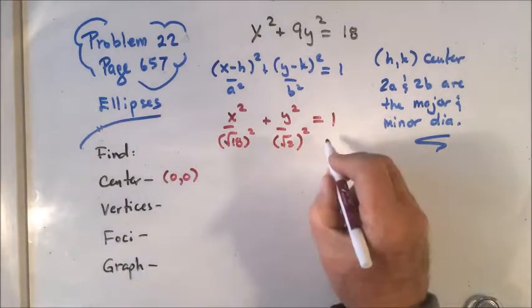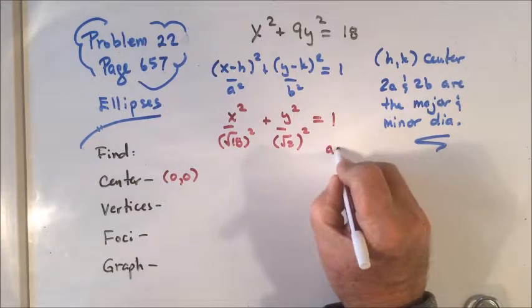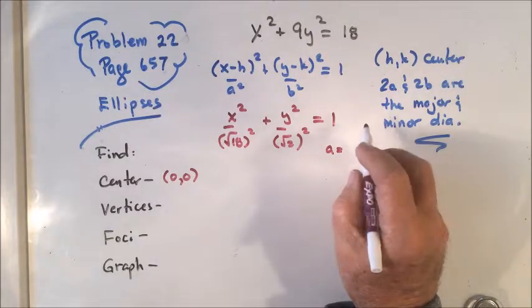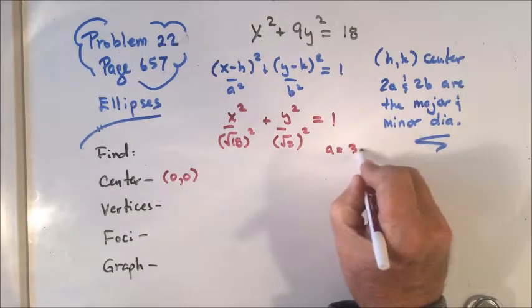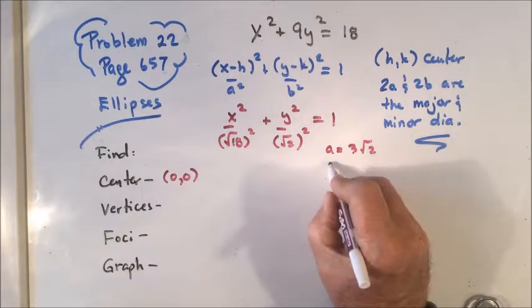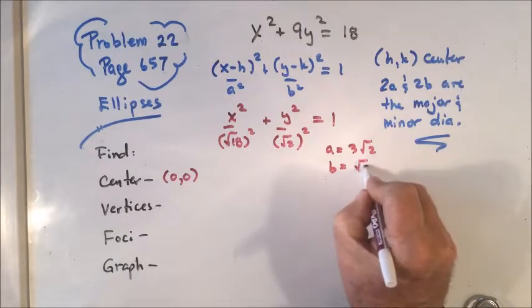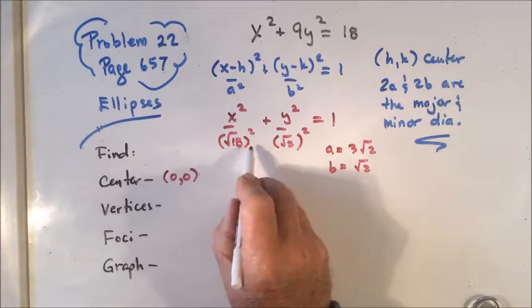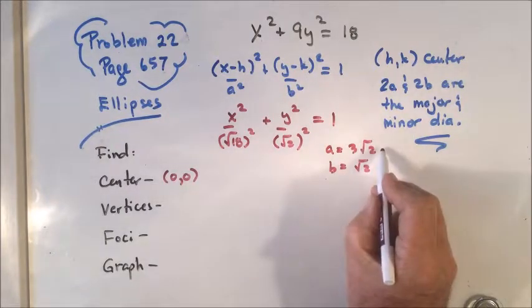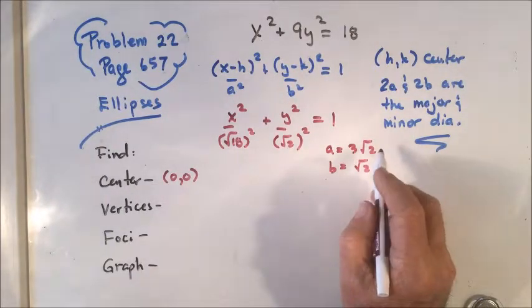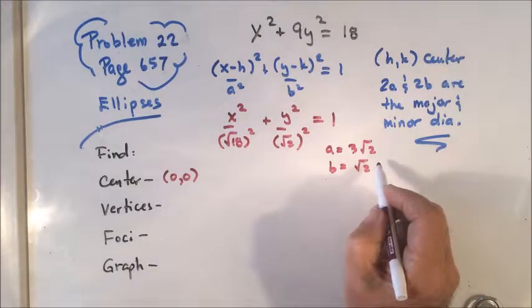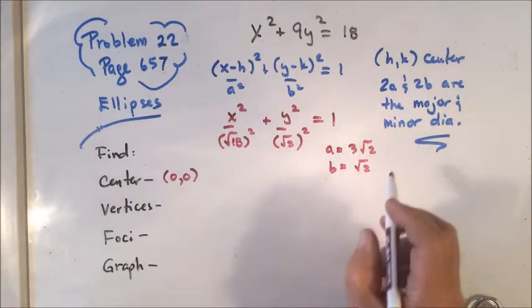Let me say a is equal to root 18, and root 18 is 3 root 2, and b is equal to root 2. So indeed, the major axis is along the x-axis because its diameter is longer than the minor axis along the y direction. So what are the vertices?